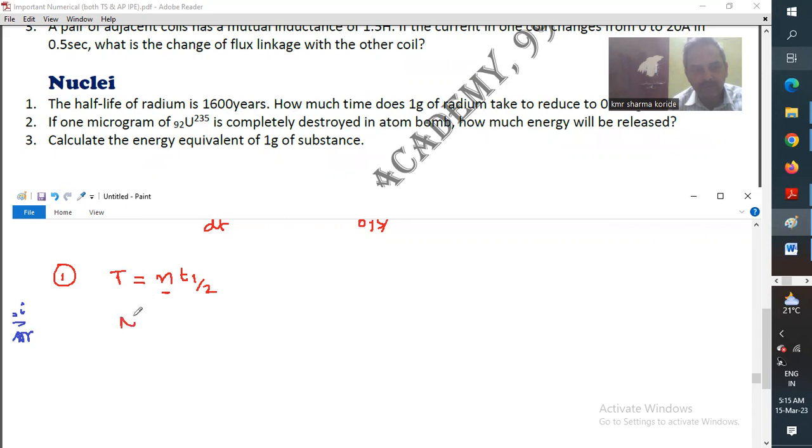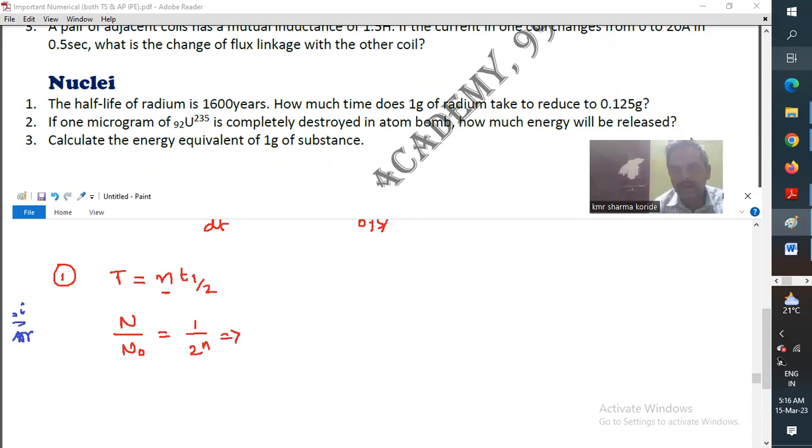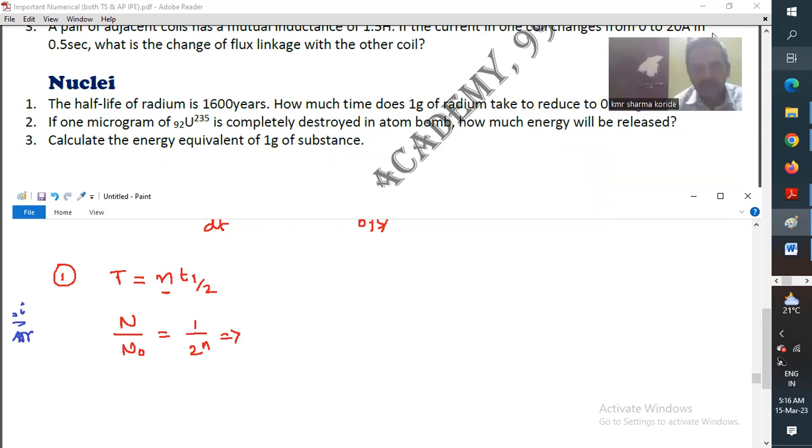So therefore, the number of nuclei left over the original number of nuclei is one half to the power of n. So now the nuclei left over is 0.125 grams. So now N is 0.125 divided by N naught. So how much is N naught? 1 gram.